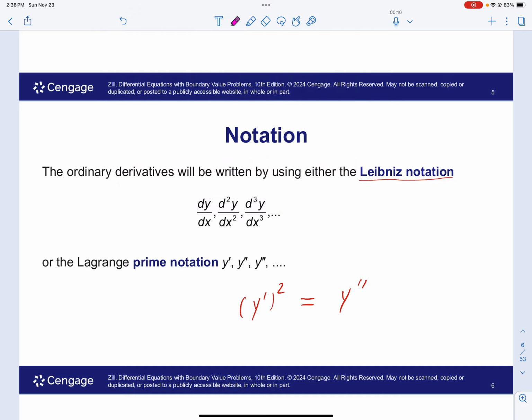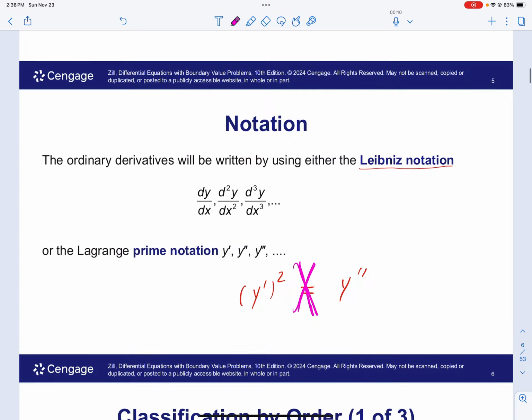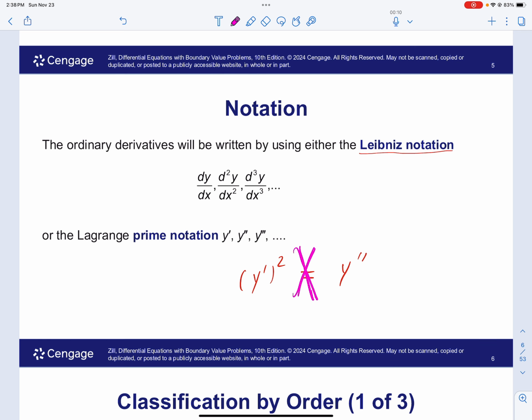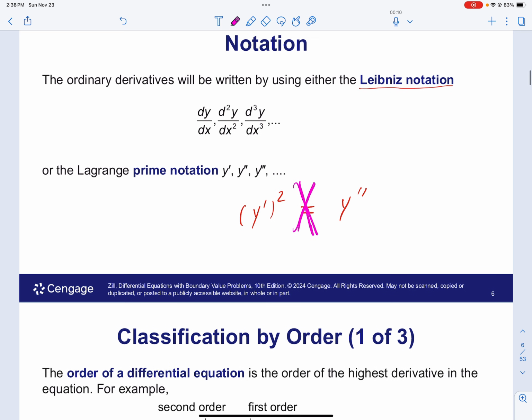Remember, this is the biggest no. y prime squared is still the first derivative. y times y double prime is the second derivative. They are not equal. This is one of the things you need to remember.